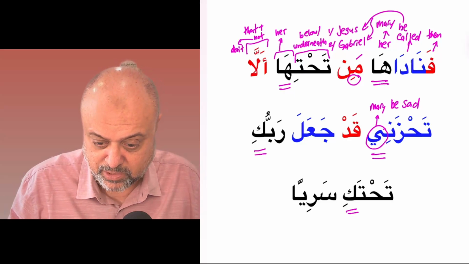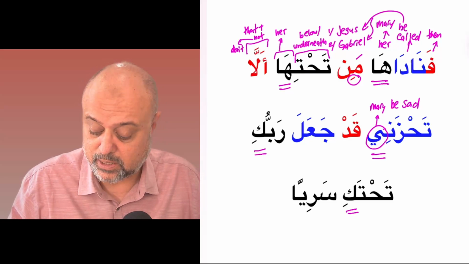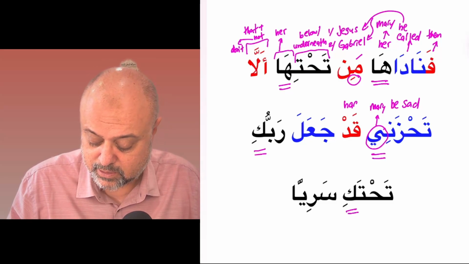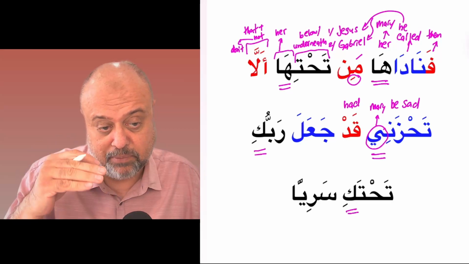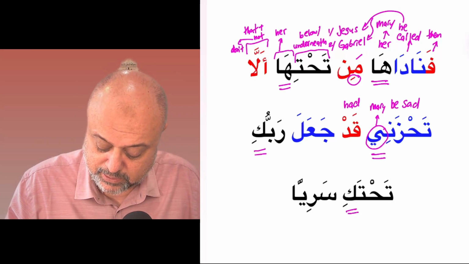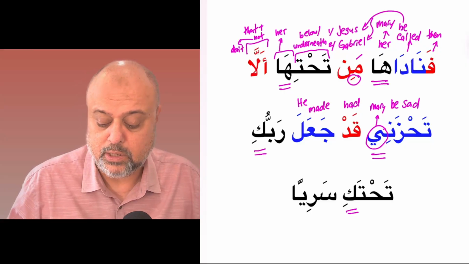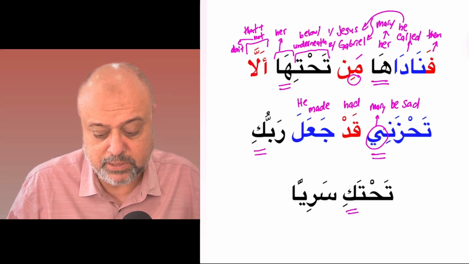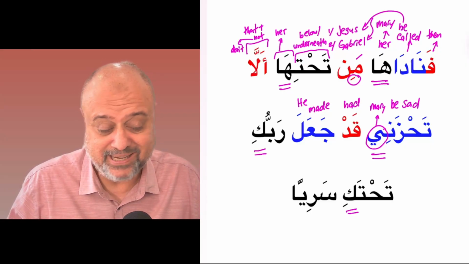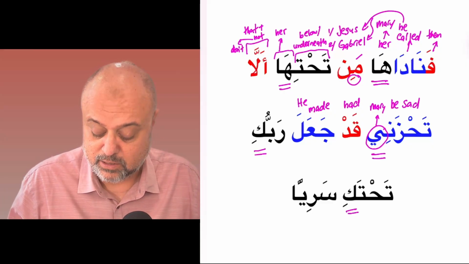Don't be sad. Now the next piece of speech is called harf al-tahqeeq, qad. It's to tighten up and confirm the fact that something has happened. What has happened? He made. The verb ja'ala yaj'alu has several functions and meanings. In this context, it means he made, meaning khalaqa. Who made? Your Lord.